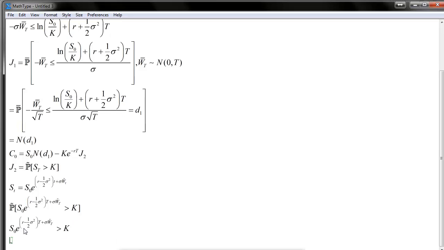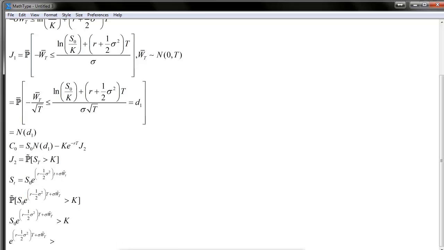Like before, I divide by S0, so it's equal to K divided by S0.